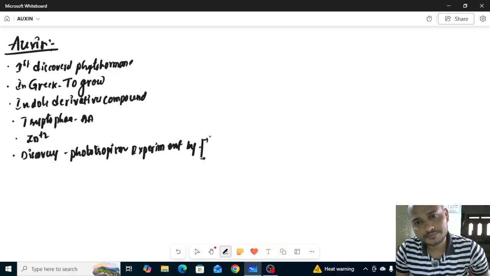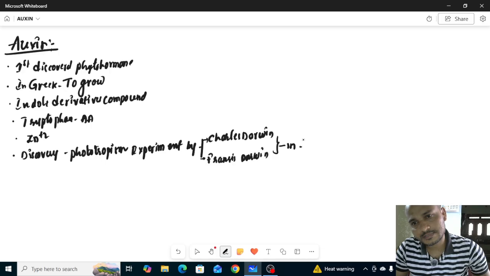They are Charles Darwin and his son Francis Darwin, in canary grass plants.